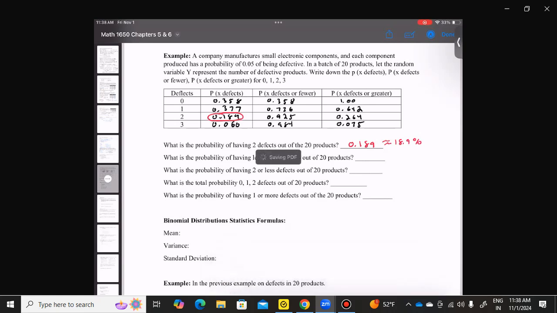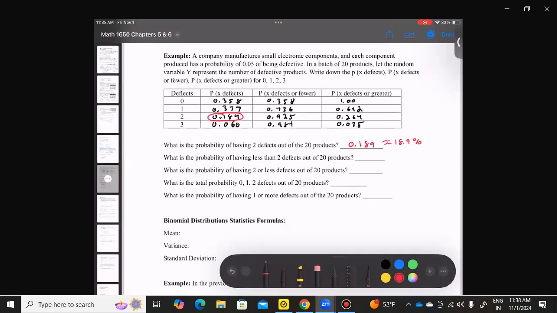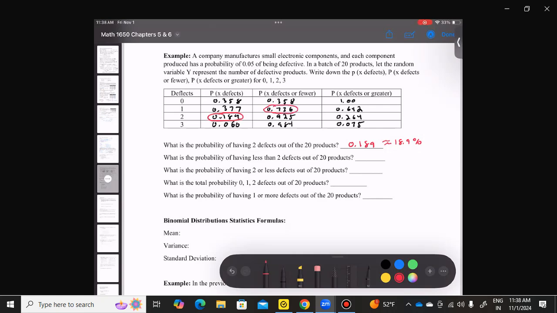What is the probability of having less than 2 defects out of 20? Now, less than 2 does not include 2. So that would be 1 or fewer. So we'll look at 0.736, or 73.6%.